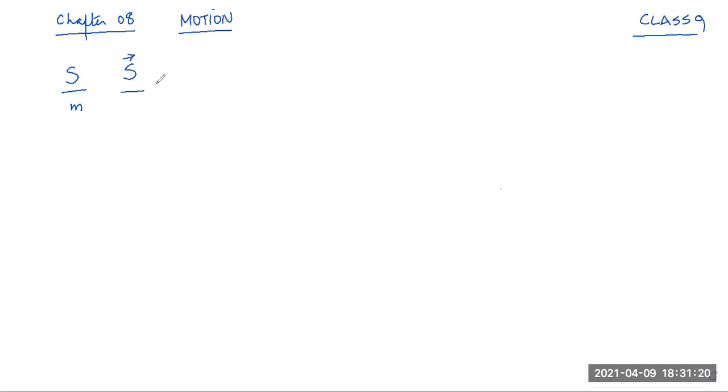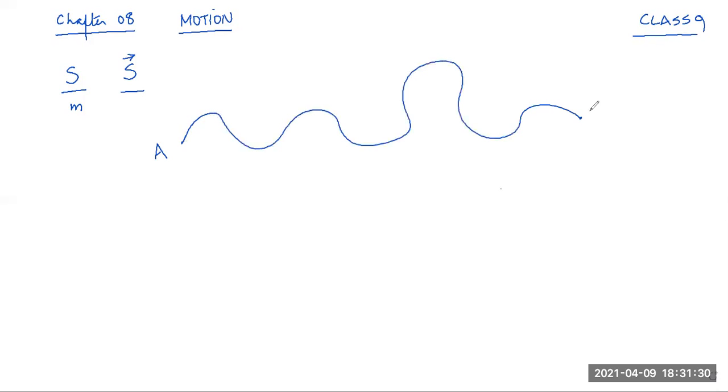Okay, let's see why. Students, let's say there is a person who starts from A, goes on some arbitrary path and reaches B, right? Now, as you can see, the direction of the person is not fixed. We can't tell the direction of the person.